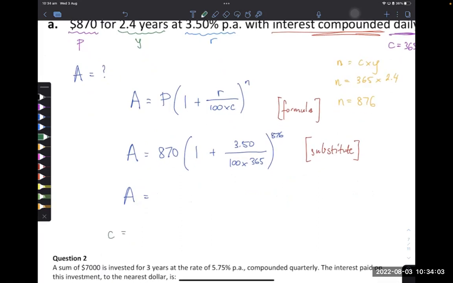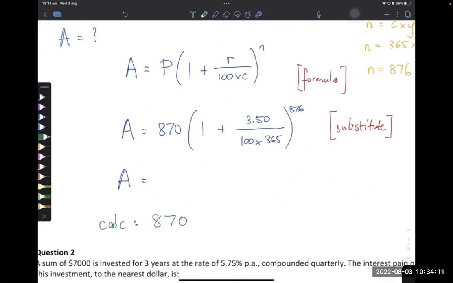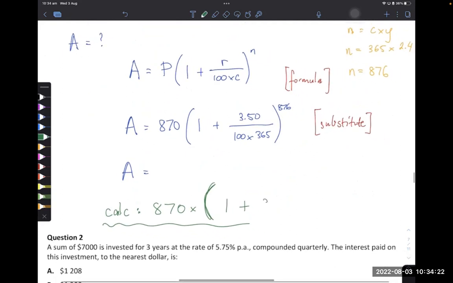So let's say you're on your calculator. These are the buttons you would press. I'm just going to write it in green here. 870 times, open a bracket, 1 plus, I'm going to get you to the bracket.